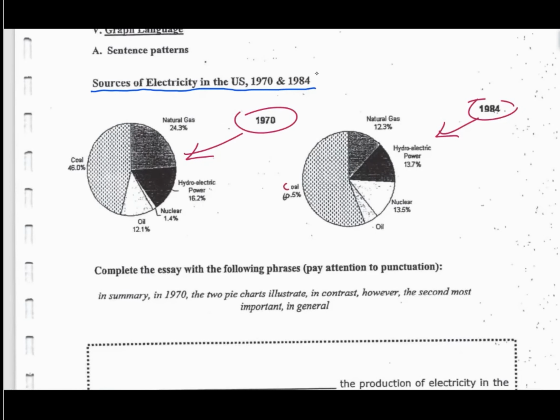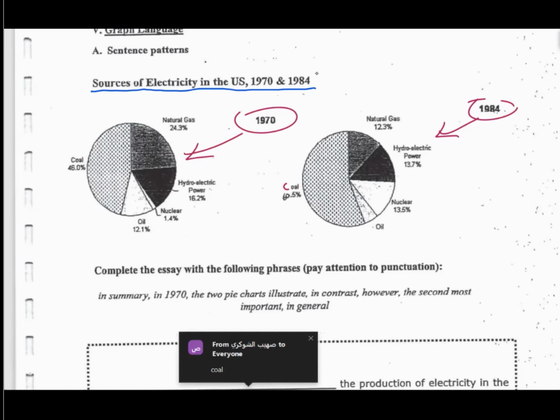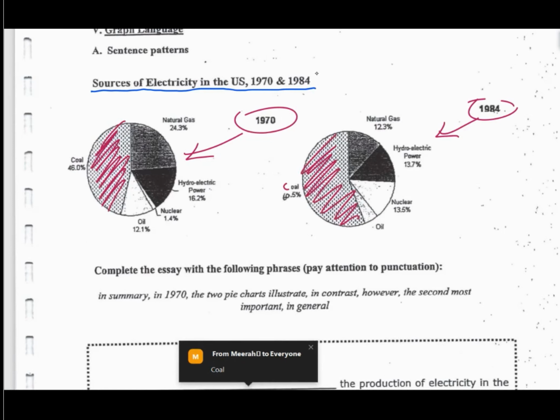Coal. Coal was the biggest source of power, of electricity in the US. See? The biggest part. So that is the trend that you have to put in the overview sentence. All right? That is the trend.